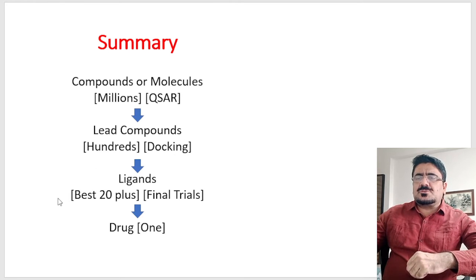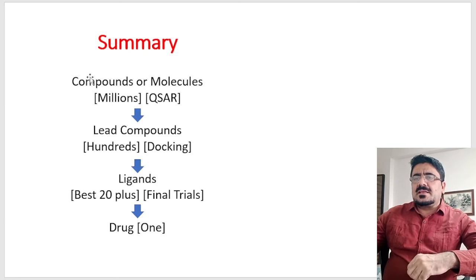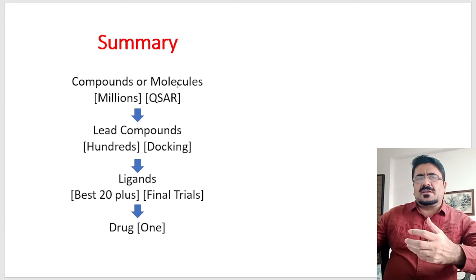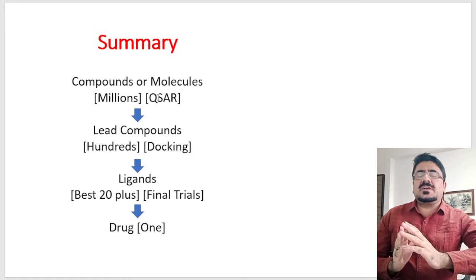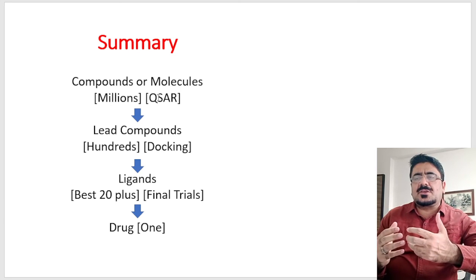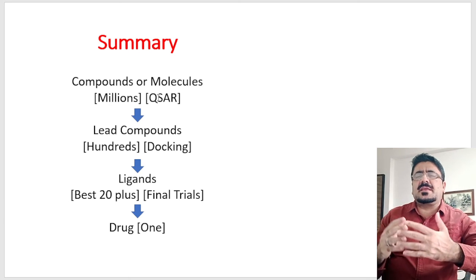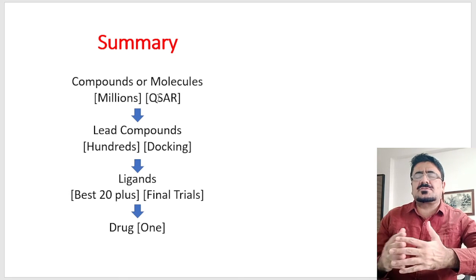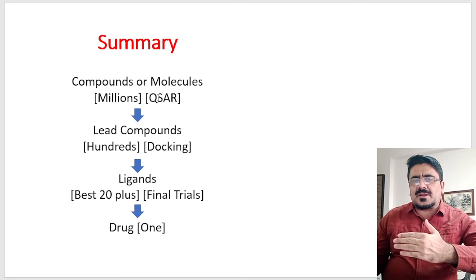So the summary of today's lecture is very interesting and you can easily understand it. First, compounds are molecules, and millions are present. We build models like the QSAR model and many other models, ADMET properties and many other screenings: molecular weight, TPSA, logP, and many other parameters.